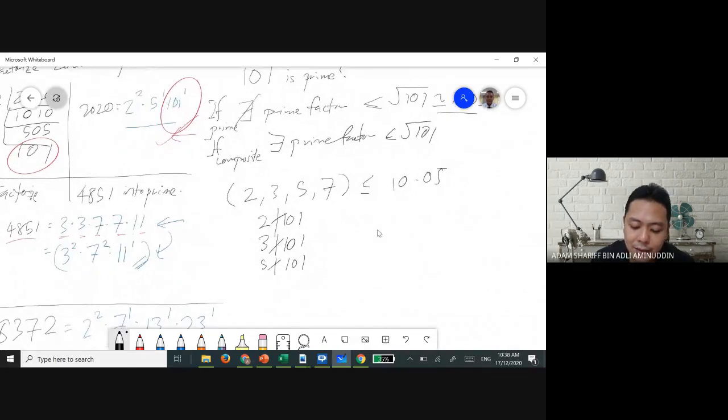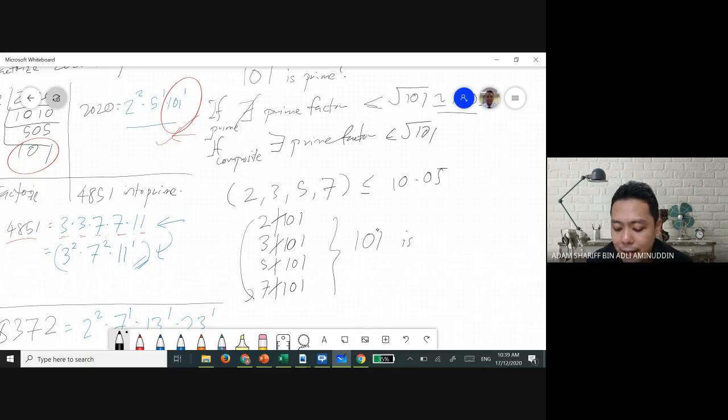And 7 is not a prime factor of 101. Based on theorem 2, it already saved many time of searching. You don't need to divide by 13, 19 and so on. Cukup dah sampai 7. There is no prime factor up until 10. Therefore, I can conclude that 101 is indeed prime itself.